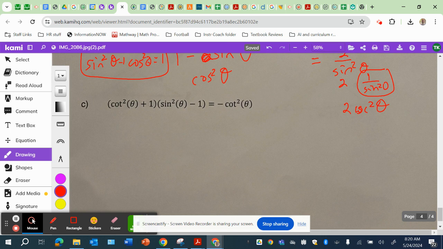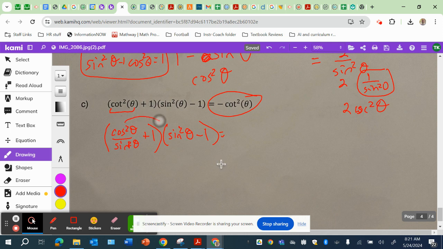This thing is nasty. I would change this to sine and cosine. So tangent is sine over cosine, so this is cosine squared over sine squared. Because this one is smaller, I usually want to work with the bigger one. Now we got to distribute.